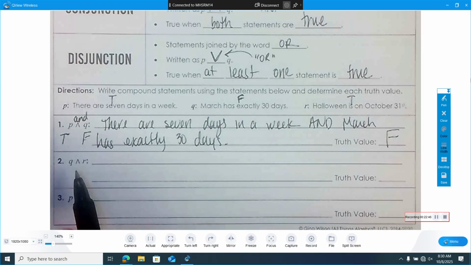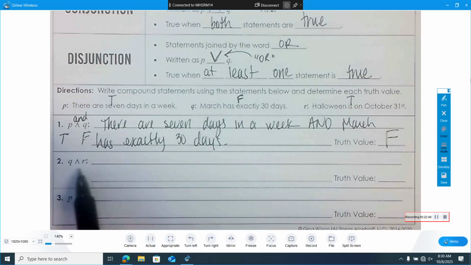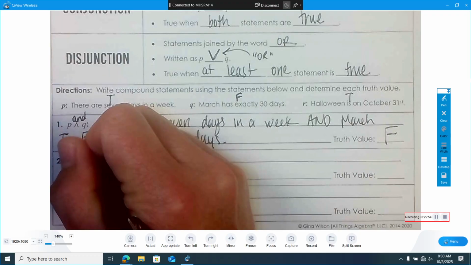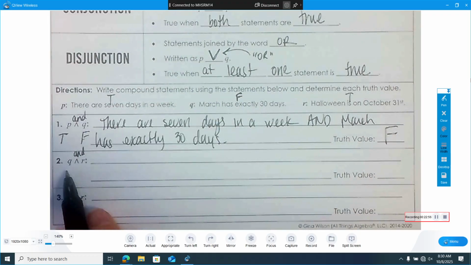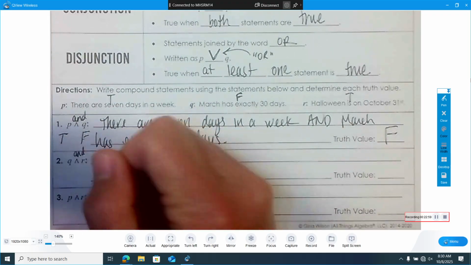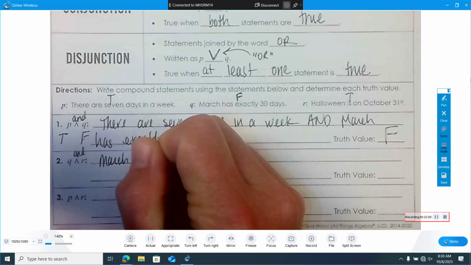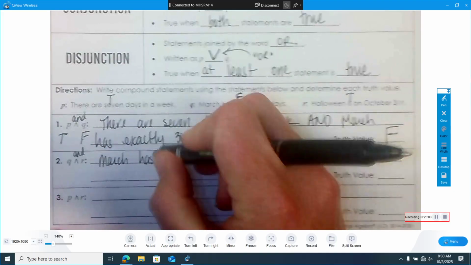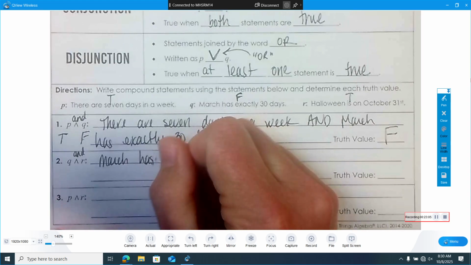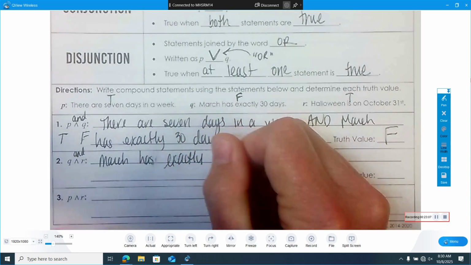All right, let's see. Again, is this an and or an or statement? And, okay. All right, so Q is March has exactly 30 days. March has, whoops, there's no E on has, exactly 30 days.